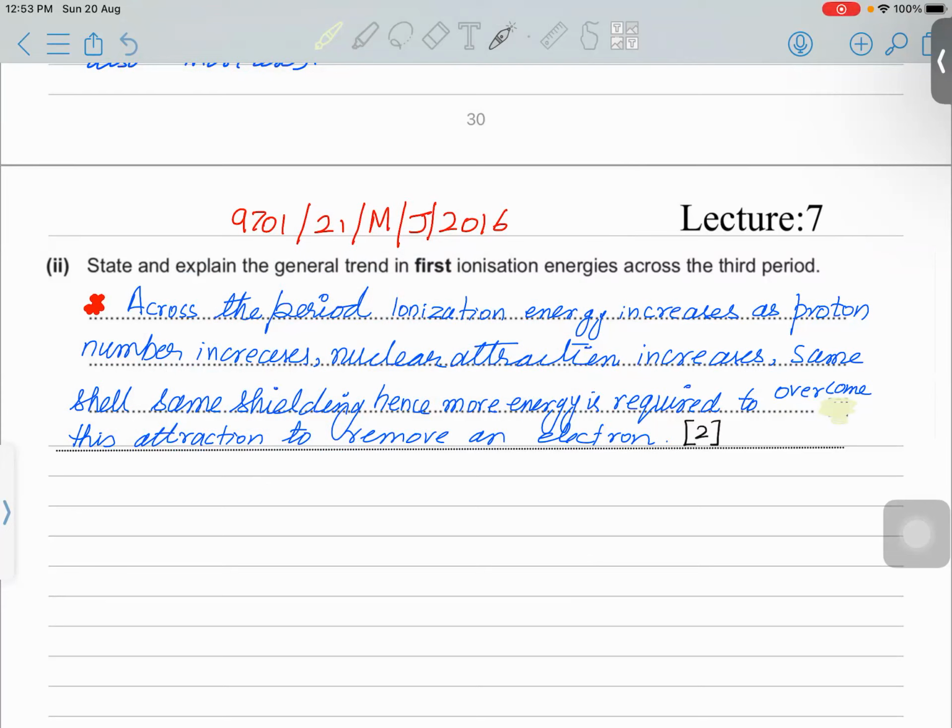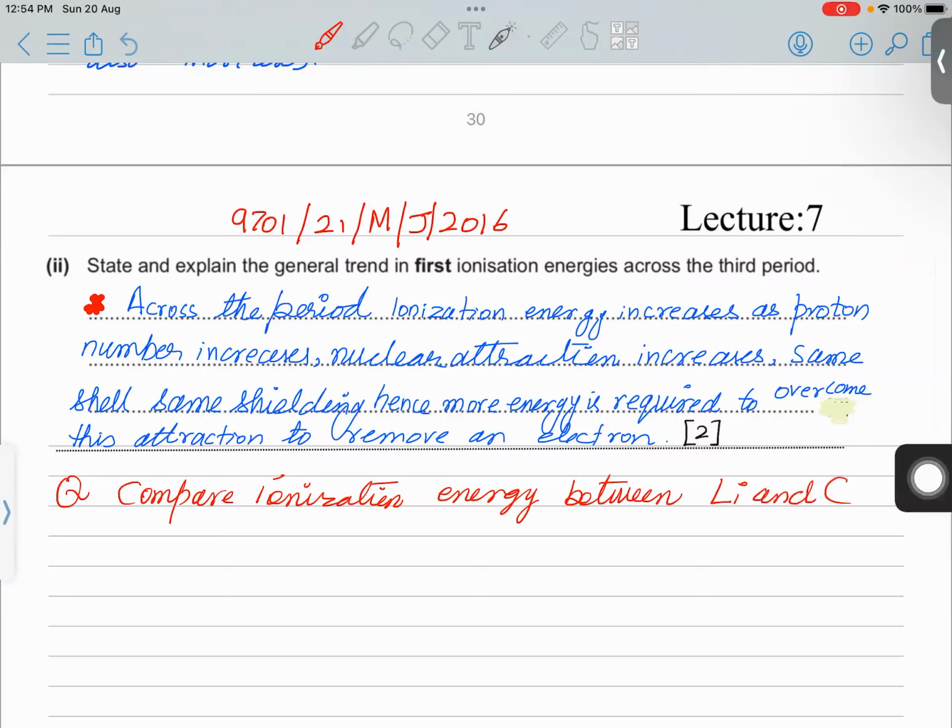Now question number 2, for 3 marks. Compare ionization energy between lithium and carbon.